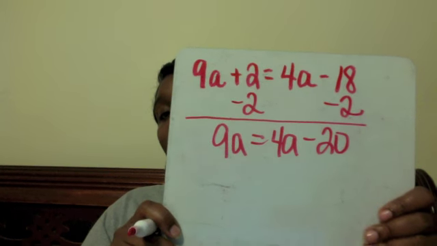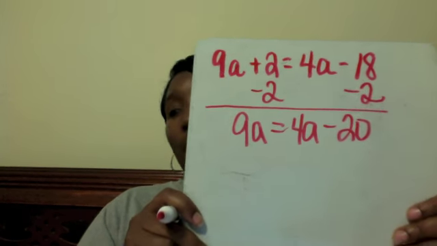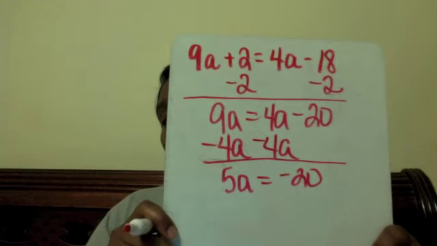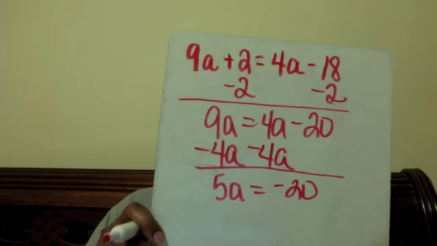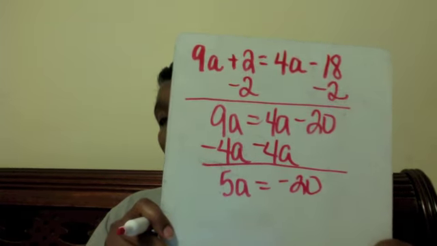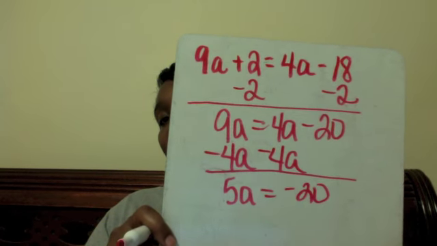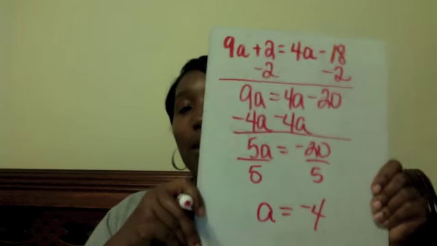The next step would be to subtract 4a from both sides. That last step should look familiar because we had it on the other problem: 5a equals negative 20. Now we have to divide both sides by 5. My answer is still a equals negative 4.